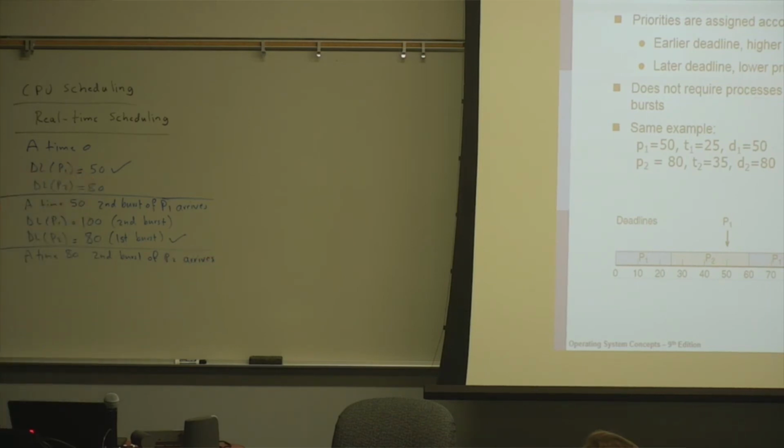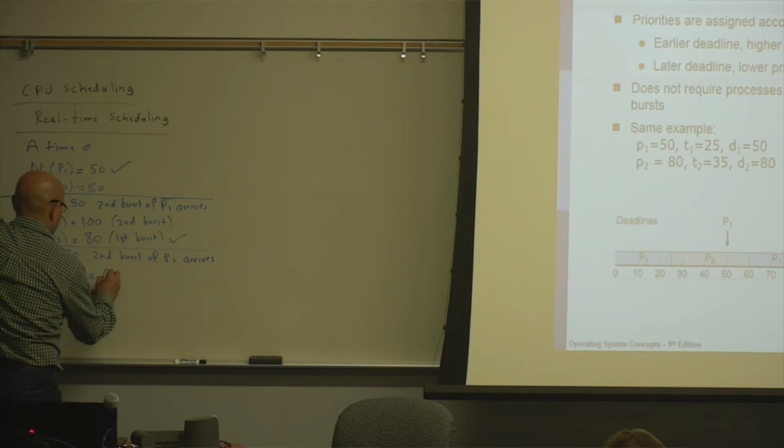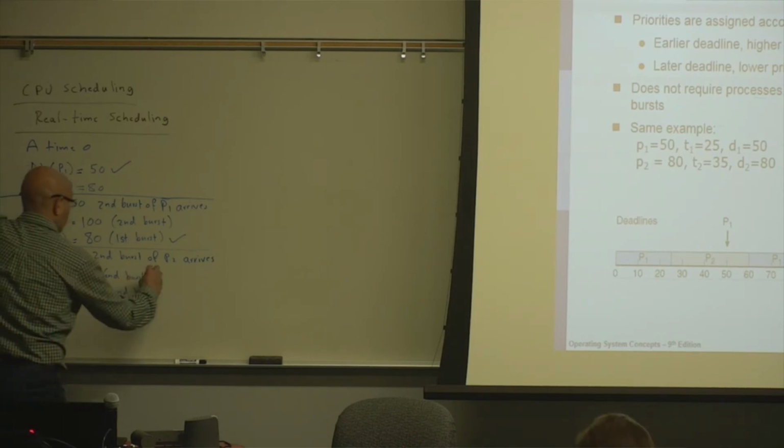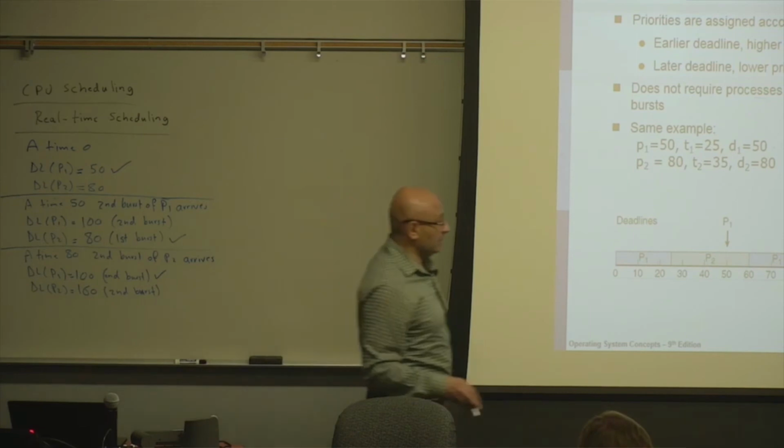Then the deadline of P1 is still the second burst, so it's 100. Deadline of P2 is 160. Why? Because it's the second burst now. So this is second burst, and this is second burst as well. And of course, P1 wins.